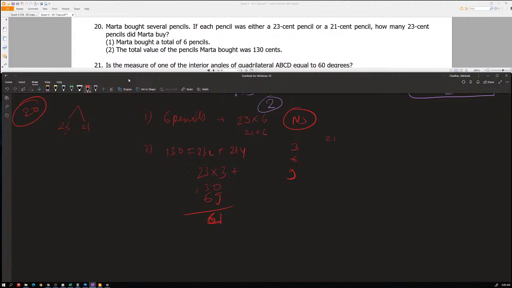It can become 21, it can become 42, 63, and it can even become 84, and possibly 105. And another, you can even make it 126 and 147.